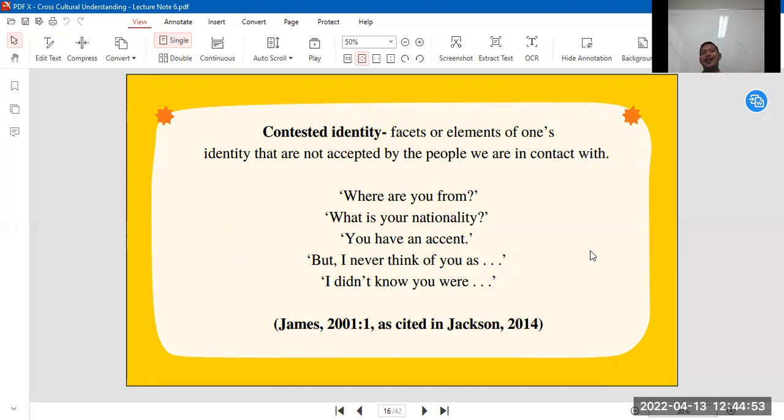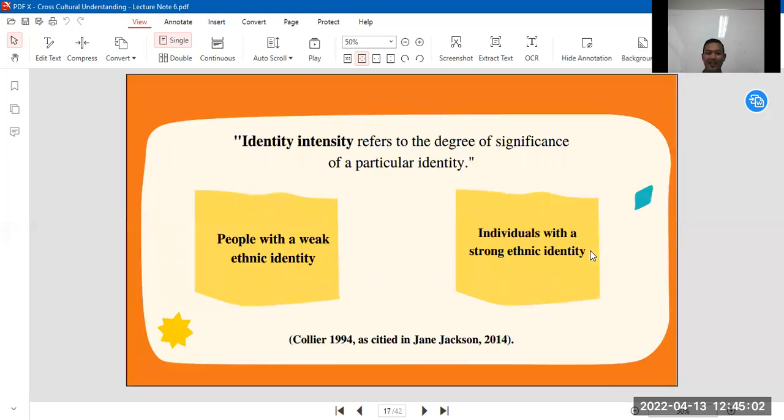Ratna and Sarah have different responses to these situations. Why? Because identity intensity here, as explained by Collier 1990, refers to the degree of significance of a particular identity. Yeah, people with a weak ethnic identity and individuals with a strong ethnic identity.